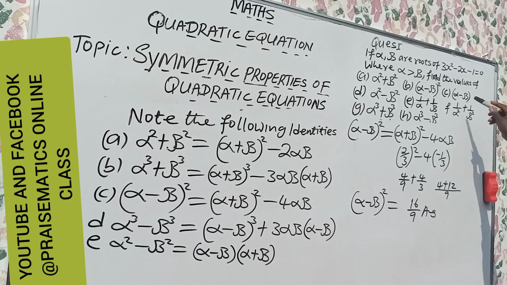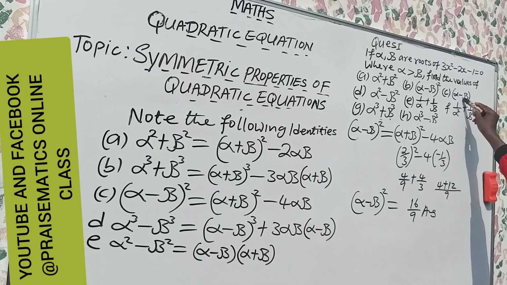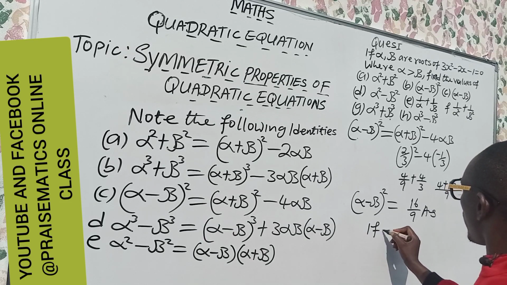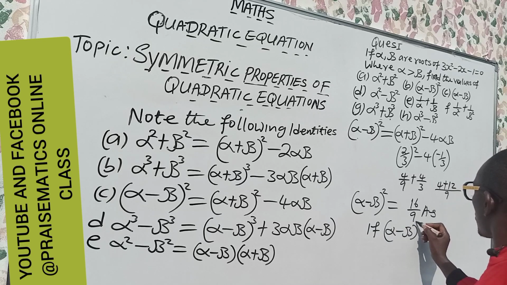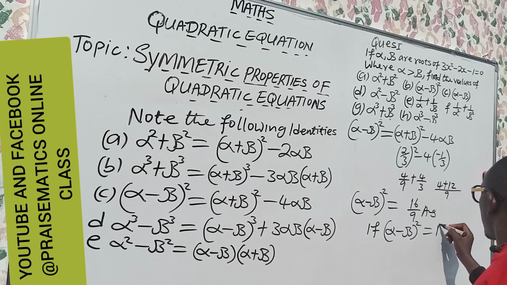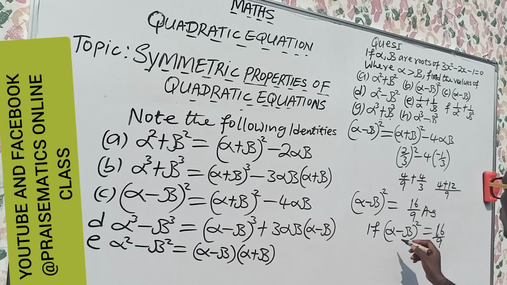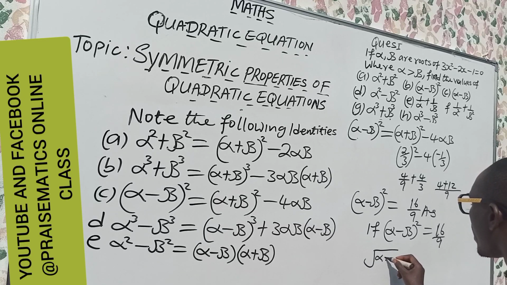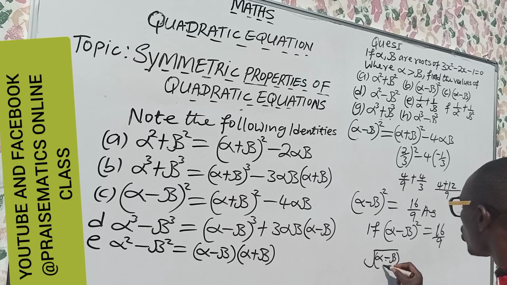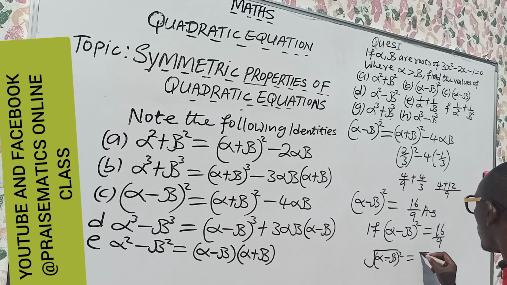Okay. C, let's see this place, C. They say we should find alpha minus beta. If alpha minus beta all square is equal to 16 over 9, so what do we do? We square root both sides. That means square root of alpha minus beta all square is equal to square root of 16 over 9.